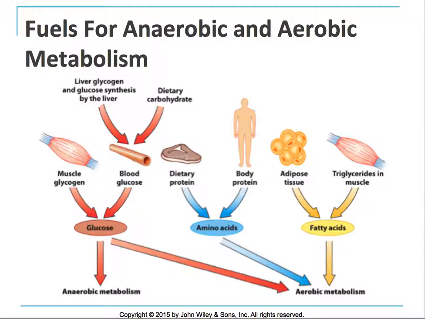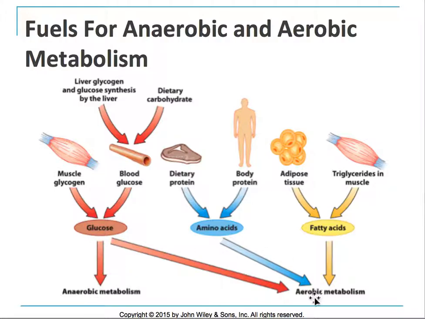This diagram, again from your textbook, shows you the different fuels that are used in anaerobic versus aerobic metabolism. For anaerobic metabolism, we have the example here on the left, using only glucose as fuel.